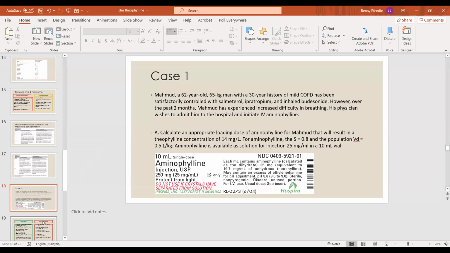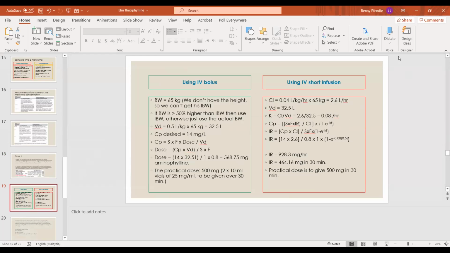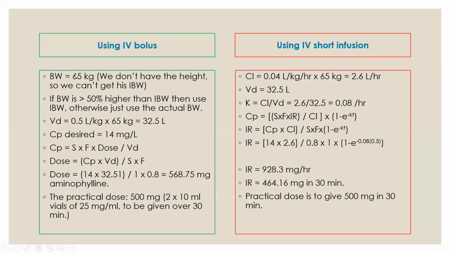Okay, so let us see how we calculate this. We have body weight 65 kg. Now we don't have the height, so we can't get the ideal body weight. If the body weight is more than 50% higher than the ideal body weight, then use ideal body weight.